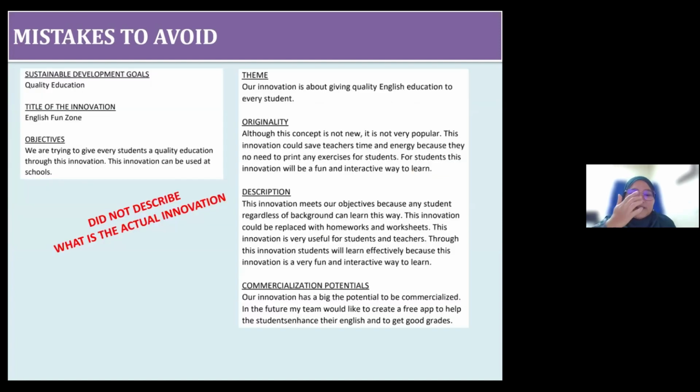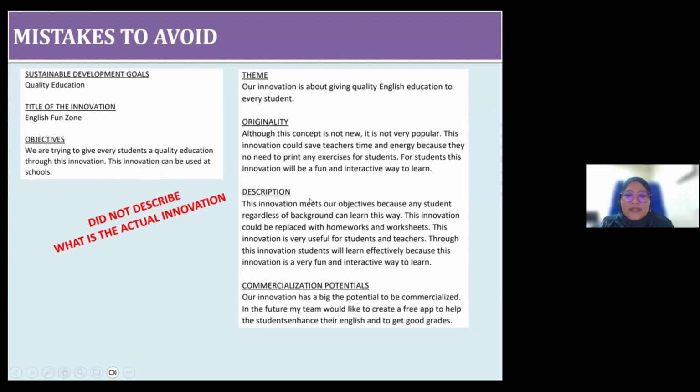Okay, the next mistake is not describing what the actual innovation is. Looking at this, the title of the innovation, for example, is English Fun Zone. They have an objective of trying to give every student equal education.